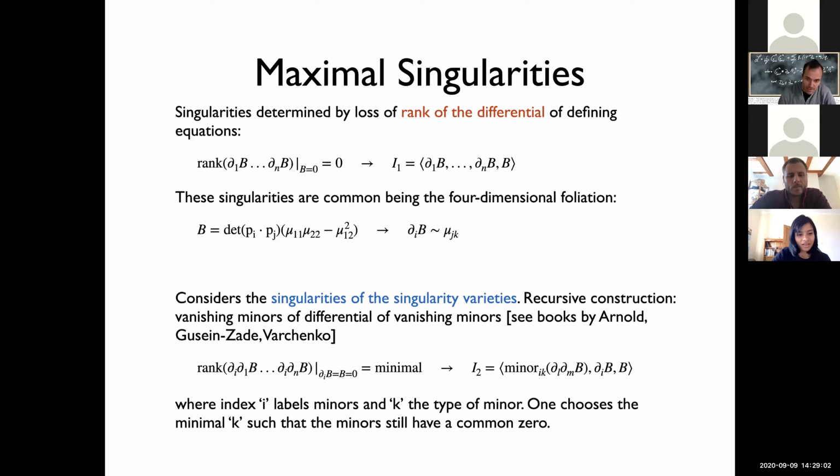So what you do is you take the ideal that defines your singular surface, and you consider the differential of this ideal, and again you discuss the rank, the location where this rank drops, and this will define for you another variety. And applying this step recursively, you will eventually hit the place where you find discrete singular points, or maximal singular loci of maximal codimension. We will come back to this in a vector field discussion in a moment.